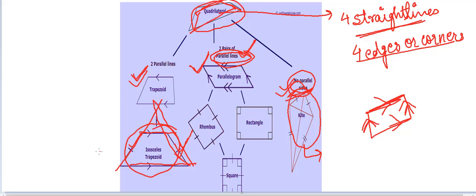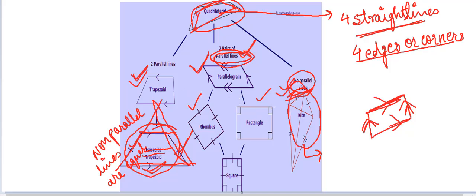If these two non-parallel lines are equal, then it is known as isosceles trapezoidal shape. Parallelogram is again divided into two types. One is rectangle, the other one is rhombus.